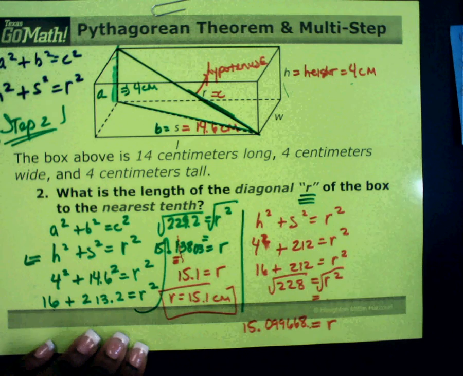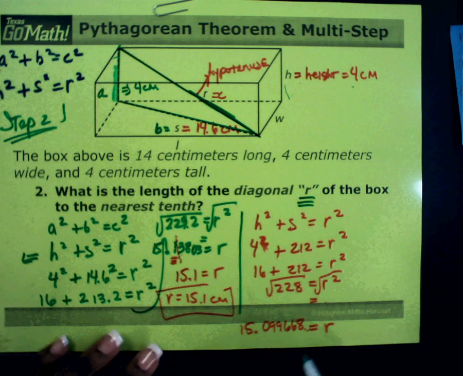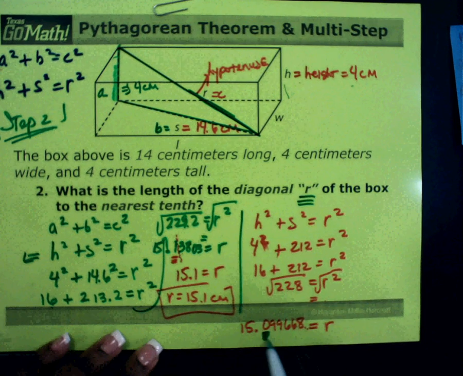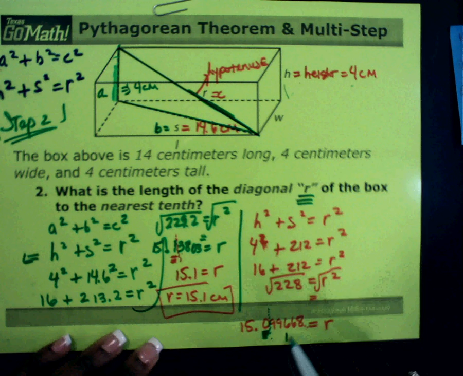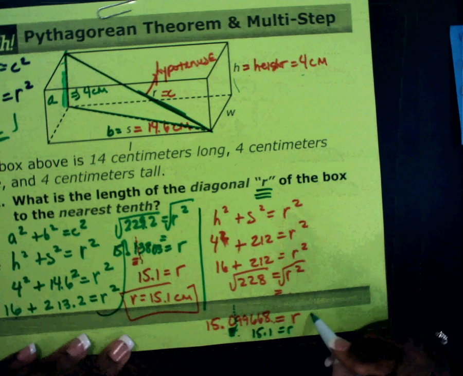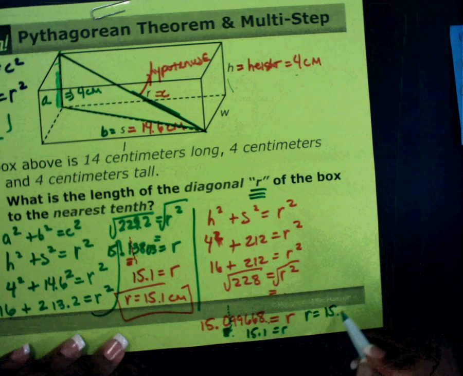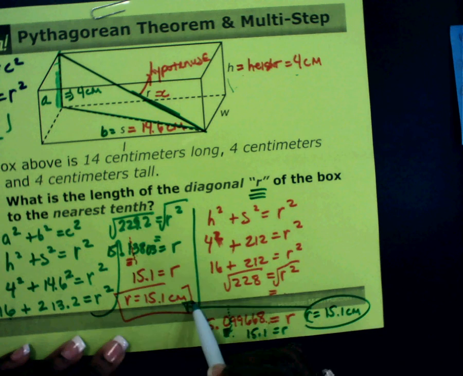I ran out of space, but since we're rounding to the nearest tenth, it's okay to stop there. We're rounding to the nearest tenth, which is where the 0 is. All the other numbers to the right will fall off because 9 is 5 or more, so the 0 will round up to 1. So we have 15 and 1/10 equals r, or r equals 15 and 1/10 centimeters, which is the same as we got here.